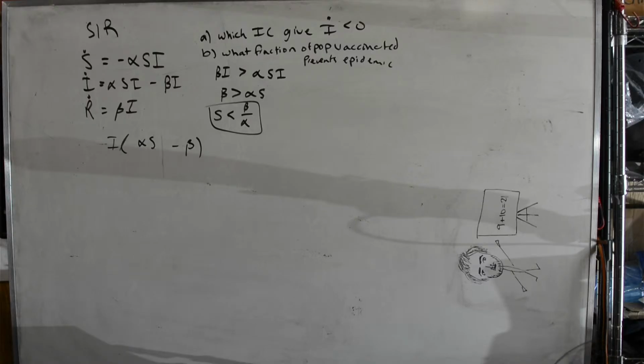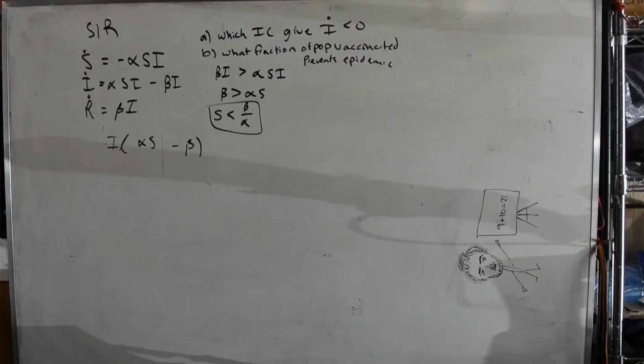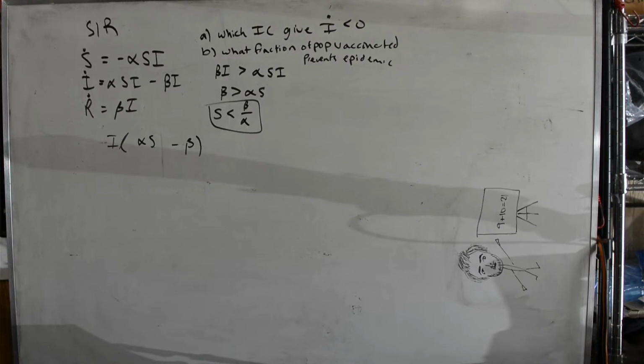So if... is it not just beta over alpha? So okay, let's say that 10% got vaccinated. That means that the susceptible population, we're actually removing the susceptible from the population of our model because they just can't get infected. All right, let's look at the answer. So I got the first one.